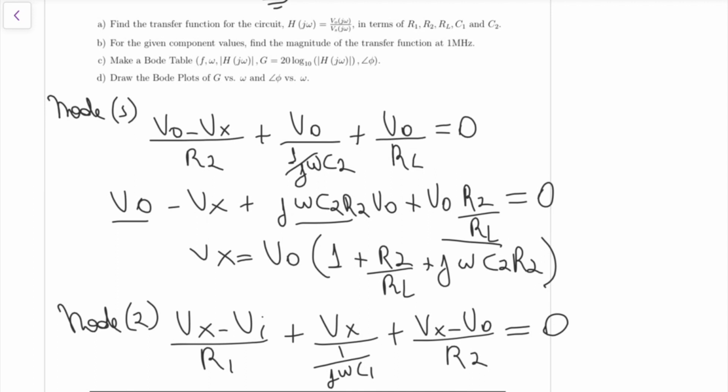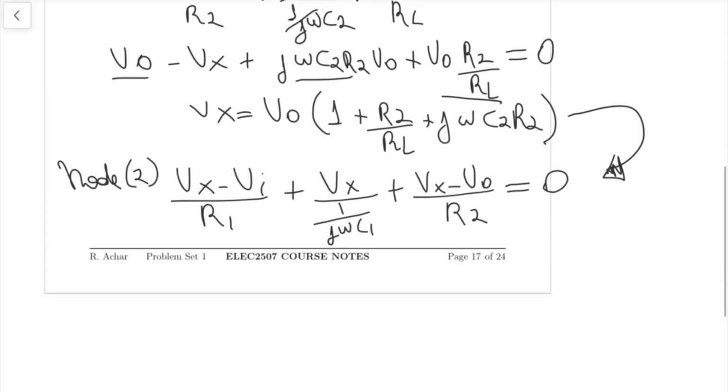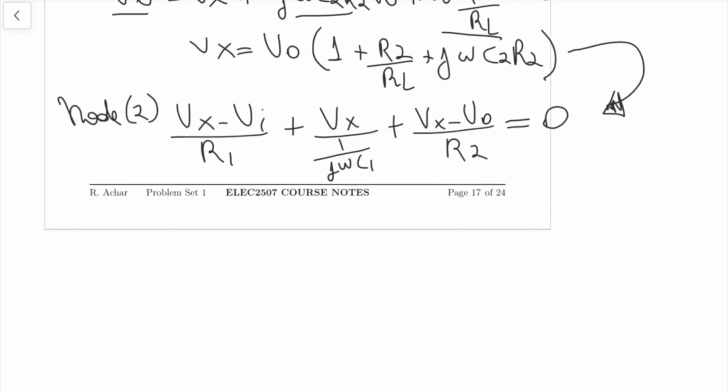Now we can substitute this Vx in the equation for node 2. Okay, and this gives us an ugly equation. So now it's just a matter of manipulating the variables here.